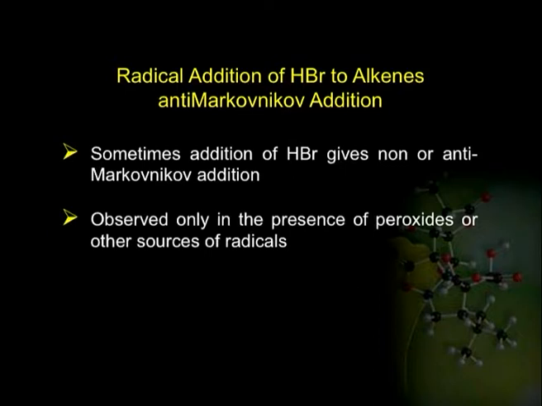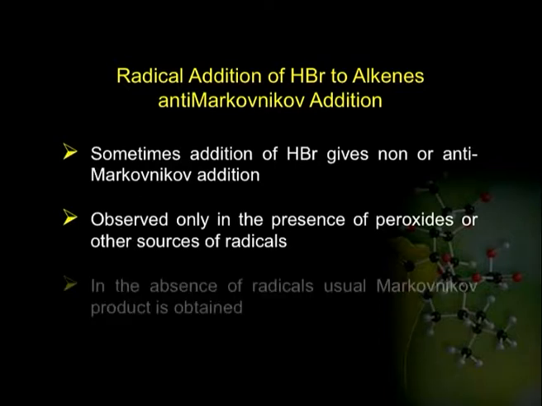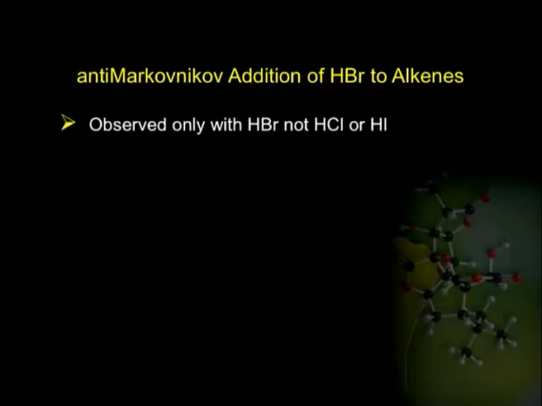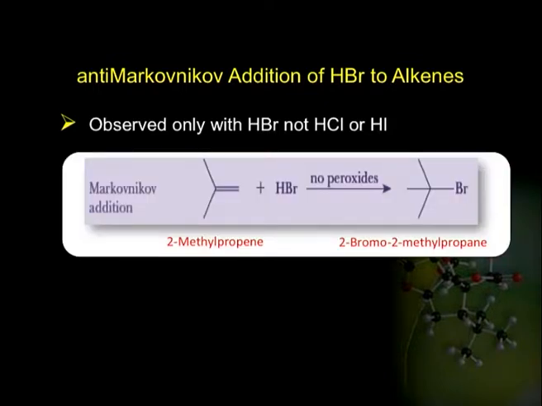This means that there should be a peroxide which should be able to generate a radical moiety in the reaction mixture. In the absence of radicals, the usual Markovnikov product is obtained. So, this anti-Markovnikov addition is observed only with HBr and not HCl or HI.